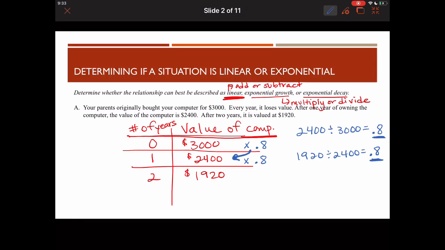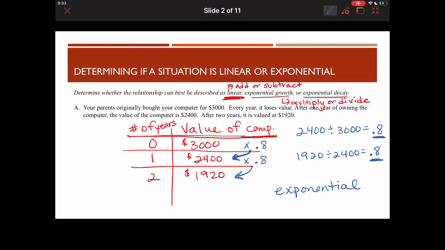And then if I take $2,400 and multiply by 0.8 again, I'm going to get $1,920. So because that always works, I'm always multiplying, that tells me that this situation is exponential.